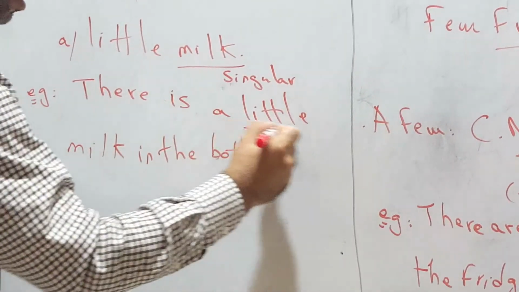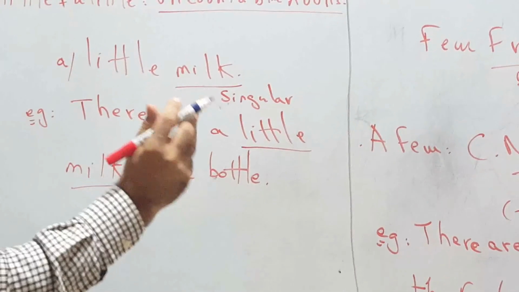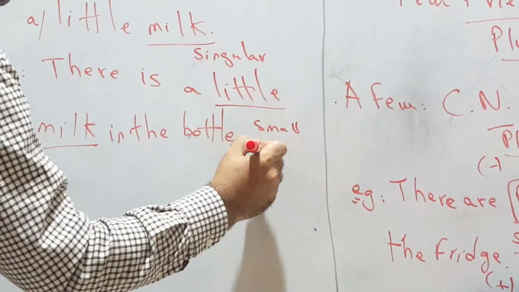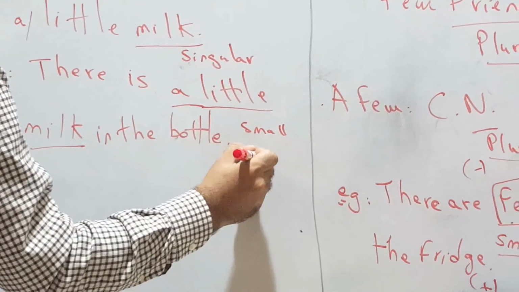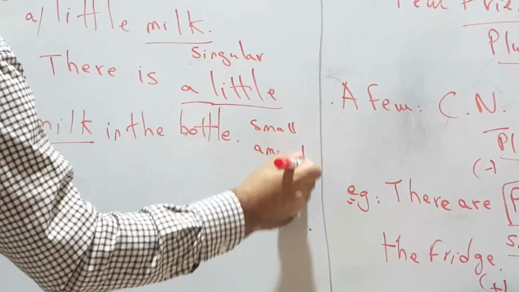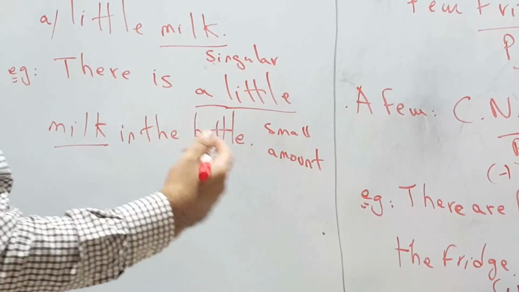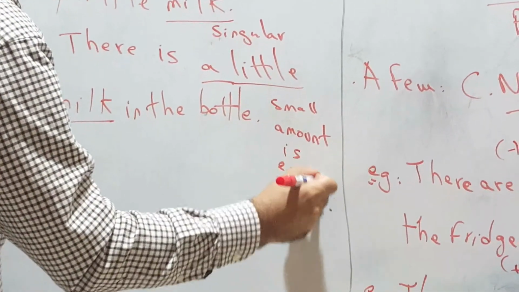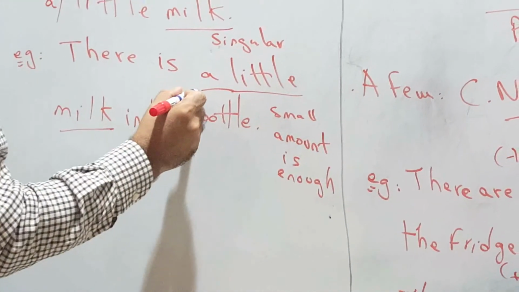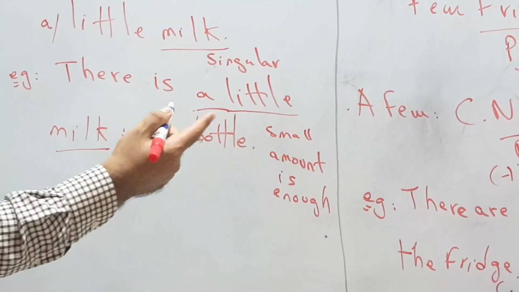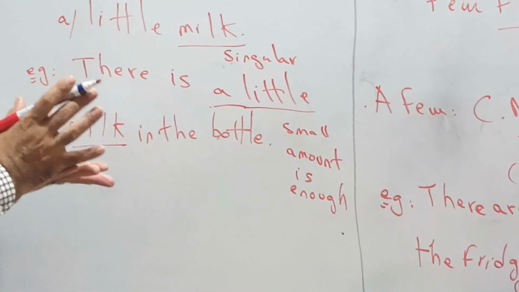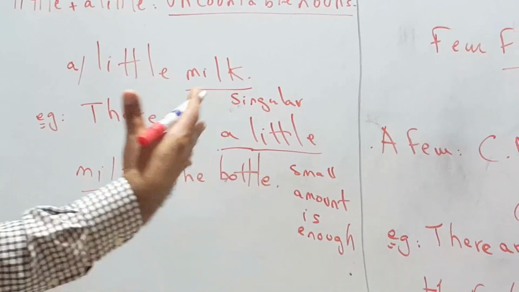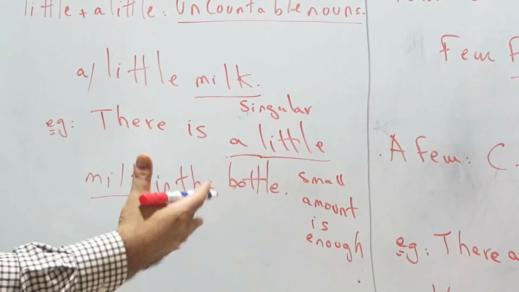Here the amount of milk is little, that is, it is a small amount. But this small amount is enough for me. So I use a little. So I am happy with this small amount. Even if it is small, it is satisfying for me and it is enough to drink or to make anything I need.